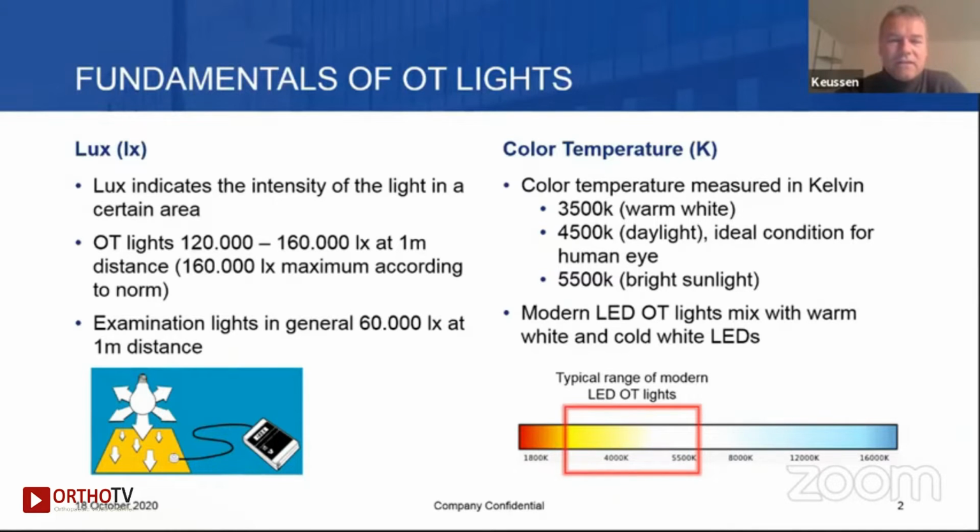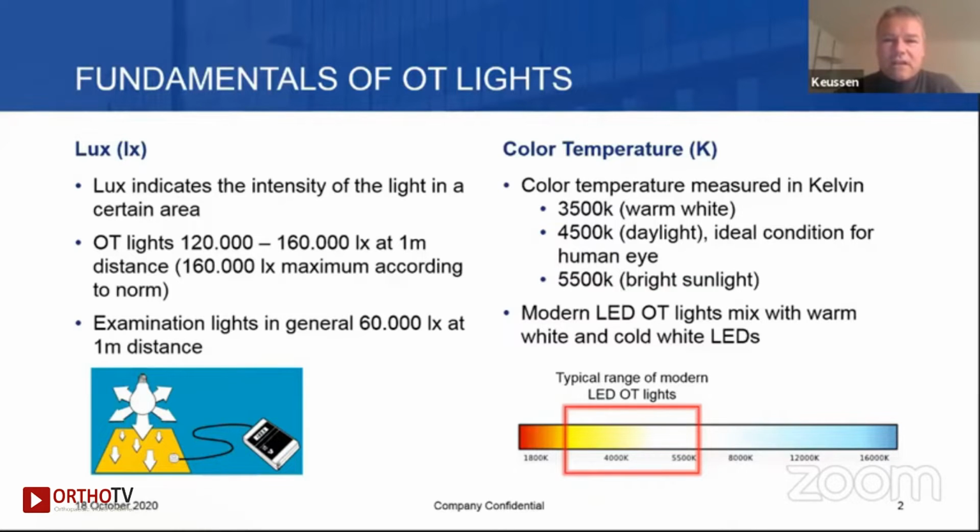OT lights normally have about 120,000 to 160,000 lux at 1 meter distance from the light to the surgical field. The maximum, according to norm, is 160,000 lux, so it cannot go beyond. As a comparison, examination lights in general have about 60,000 lux at 1 meter distance.